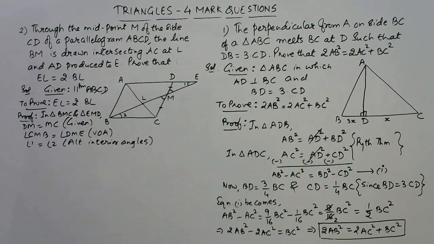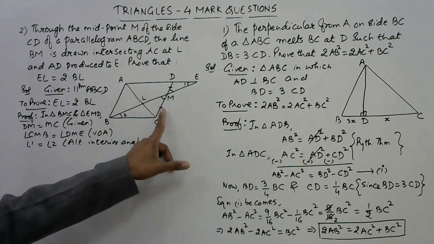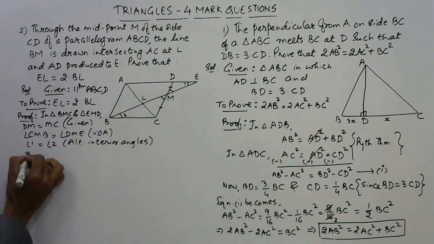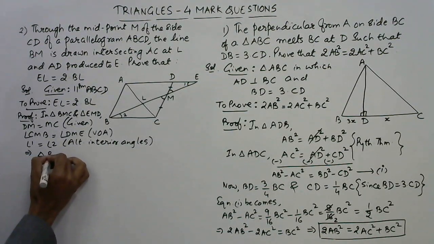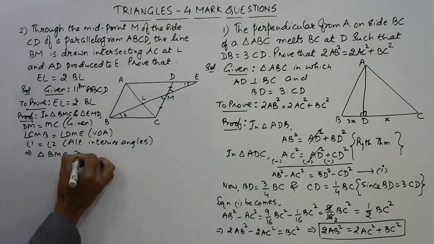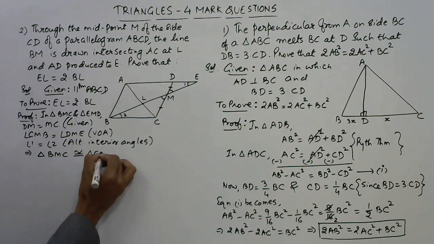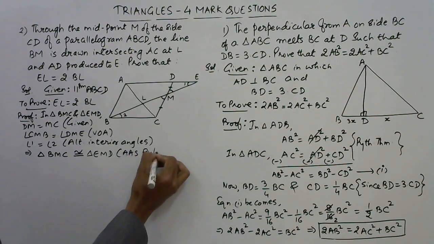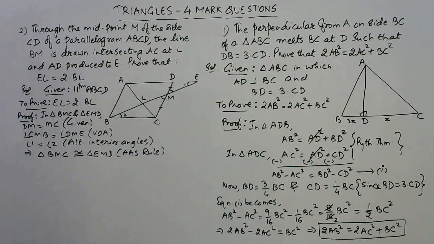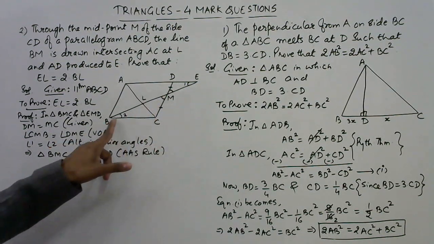So which rule we have applied? Angle, angle, side. So that gives us the first part, that is triangle BMC is congruent to triangle EMD by AAS rule. So this is the first part of our proof.